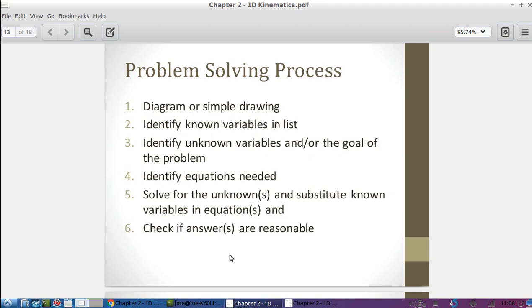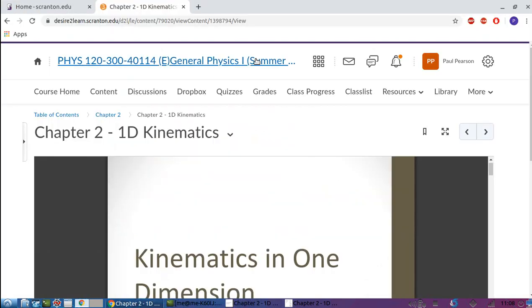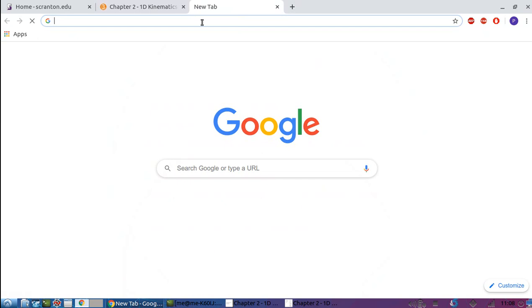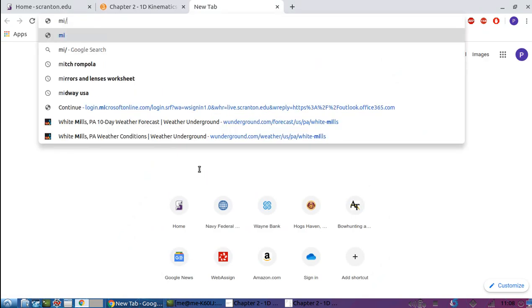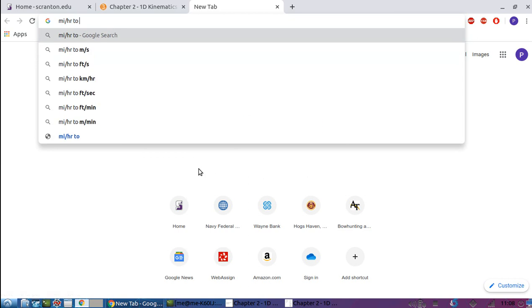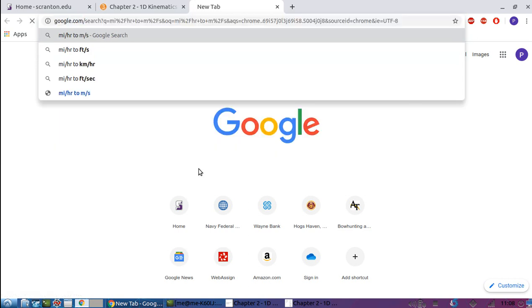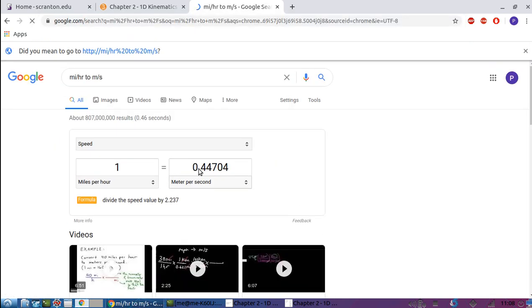So just a real quick thing, I like to cheat, use Google. So let's do this. Miles per hour to meters per second. Right? So we use English units in everyday life, right, in the United States, unlike the rest of the world. So just a real quick Google search, right?